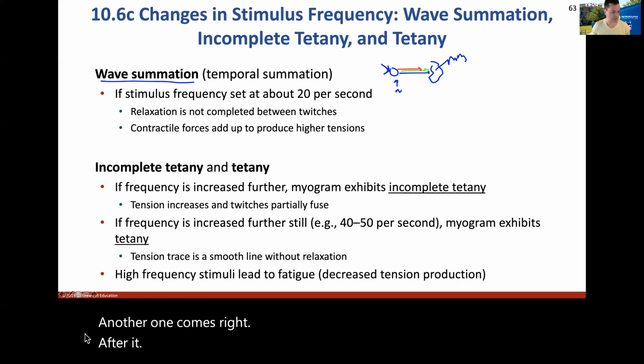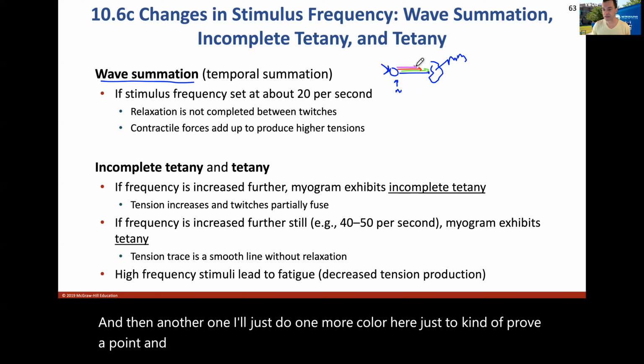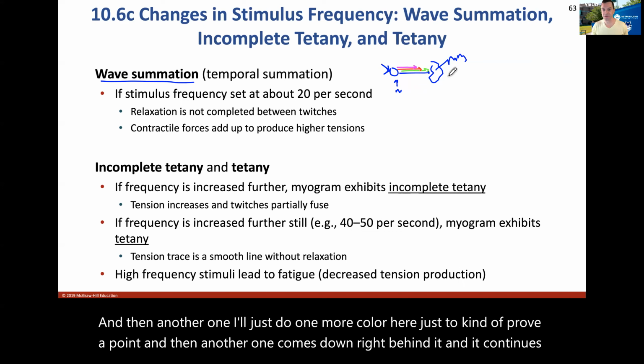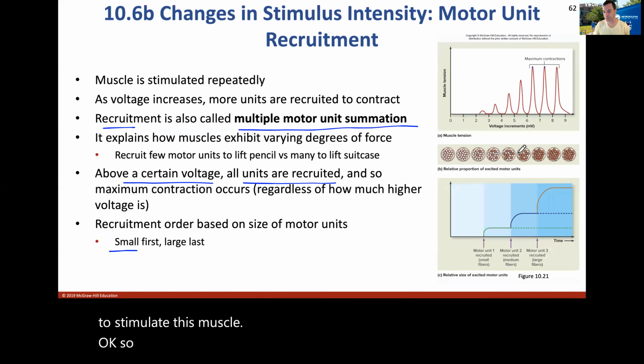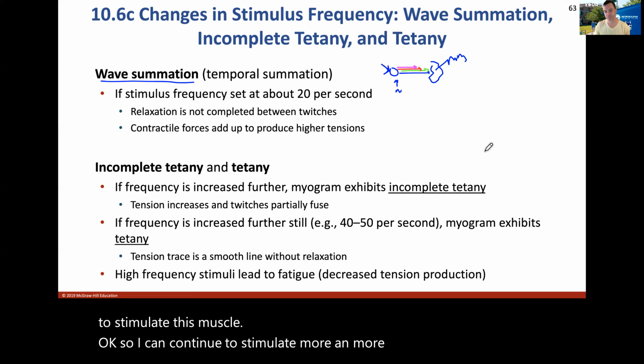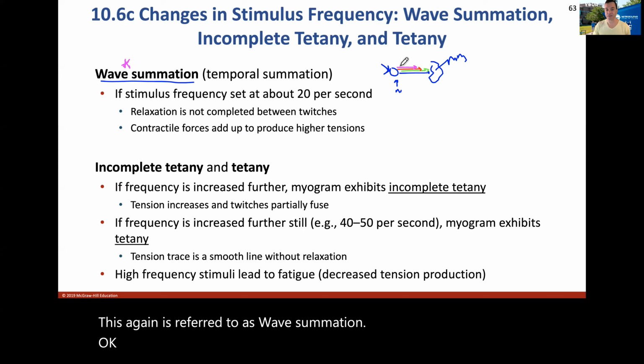And then another one, I'll just do one more color here just to prove a point. And then another one comes down right behind it, and it continues to stimulate this muscle. So I can continue to stimulate more and more motor units. This again is referred to as wave summation, or temporal summation, because they are coming down in time.